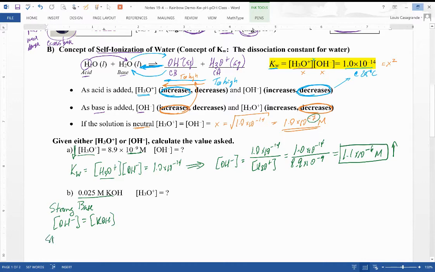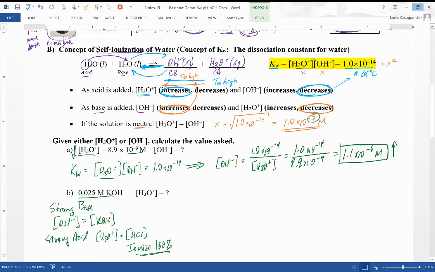For a strong acid, it would be the same thing. So if I give you a strong acid, say HCl, the concentration of the H3O plus is going to equal the concentration of the acid that I give you. And that's because these guys ionize 100%. That's the definition of a strong acid and a strong base.